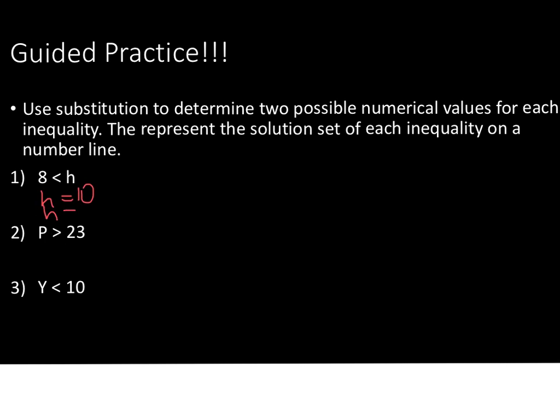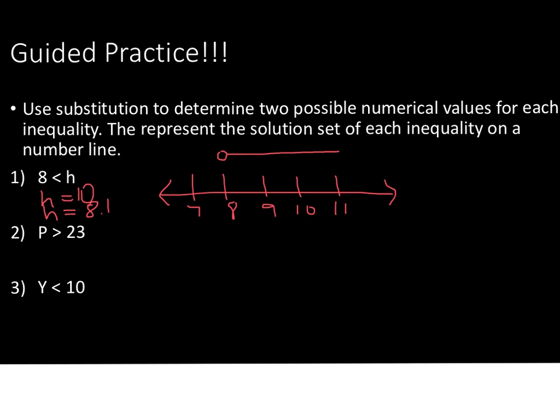Or if h were equal to 8 and 1/10, that would be true because 8 and 1/10 is greater than 8. But h could not be 8. So we're going to draw our number line, and show that 8 is not a part of our solution, but everything greater than 8 is.